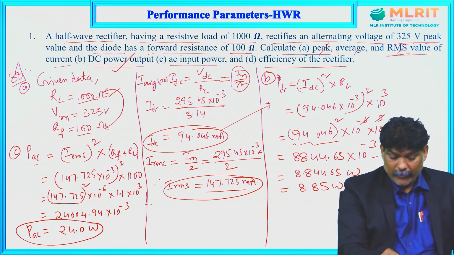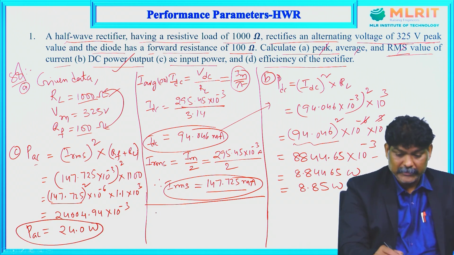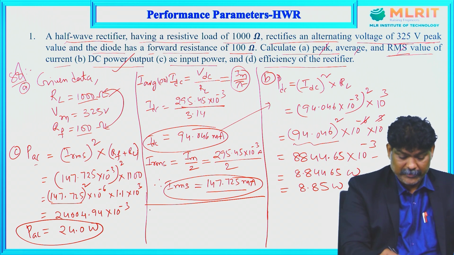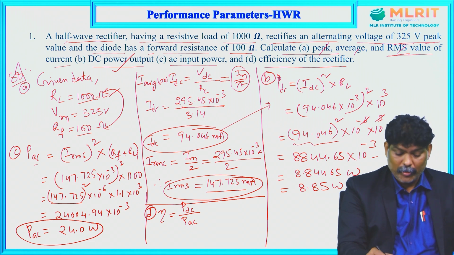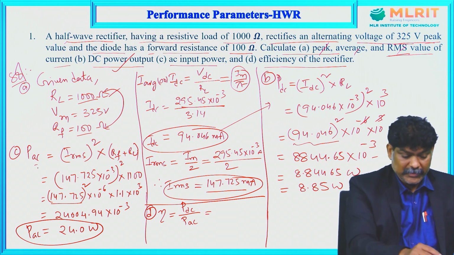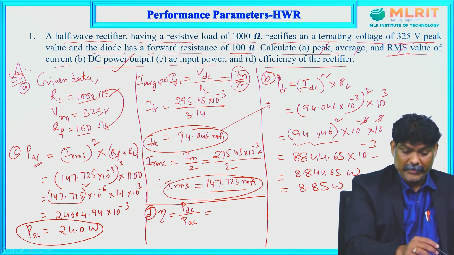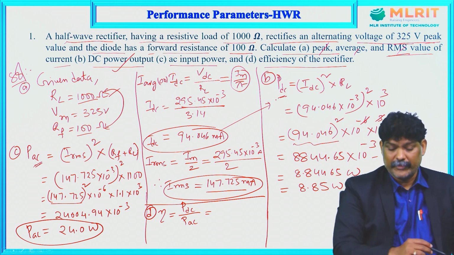Now, what we have to calculate next, D bit, is efficiency. How to calculate efficiency? Efficiency is equal to PDC upon PAC, the ratio of how much DC power is delivered to the load and how much input power is there. So actually this is AC input power and this is DC output power.